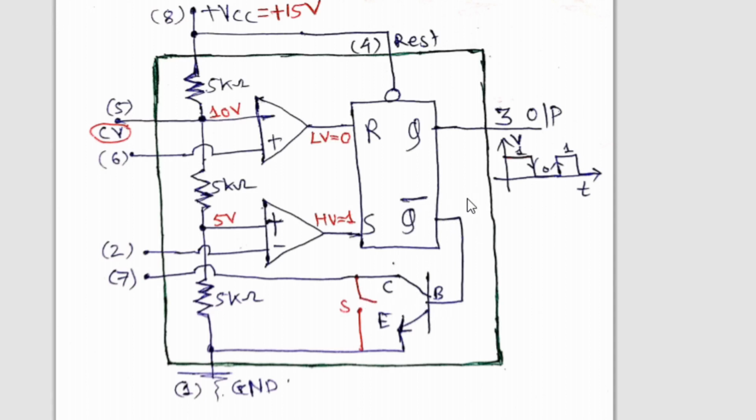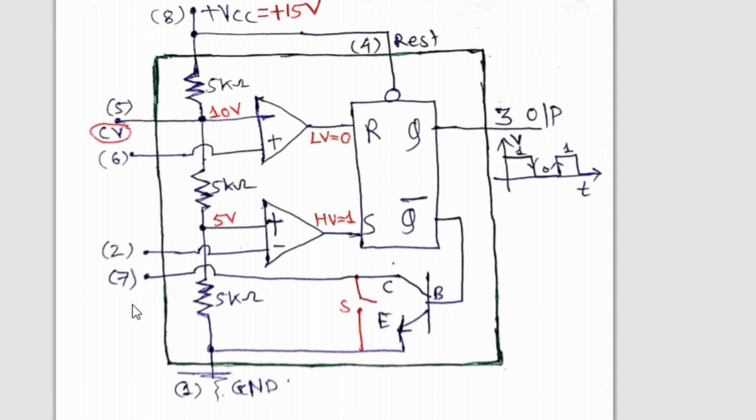So whenever Q bar is in logic 0, it will behave as an open switch. And whenever Q bar is in logic 1, transistor will behave as a closed switch. We'll see that. Now, collector of transistor is taken out and it is declared as pin number 7, which is called discharge pin.